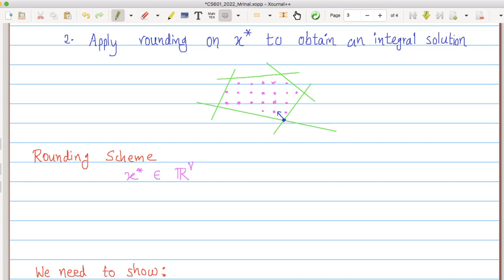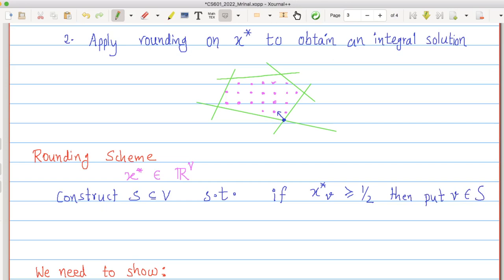So our scheme would be that we want to construct a subset of vertices S such that for any vertex v, if this coordinate x star v is greater than or equal to half, then we put this vertex in our set S, right?